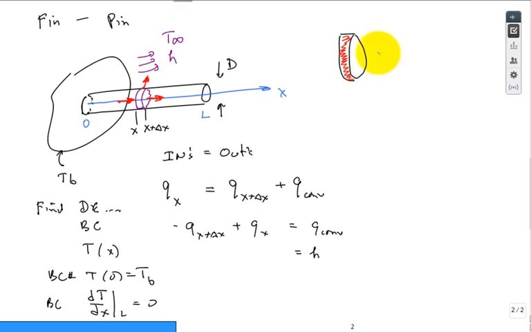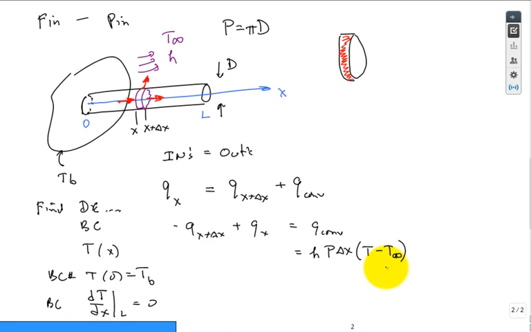So one way to think about that is to talk about the perimeter P. For a round disk, what's the perimeter? Isn't it pi times d? Yeah, it's pi times d. So the perimeter times delta x gives me the convective area. Good. Okay, and then we multiply by the temperature at that location minus the fluid temperature.